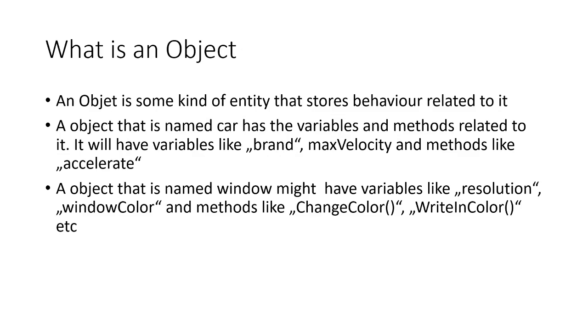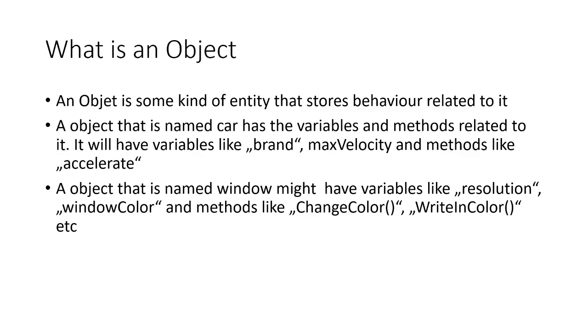So an object that is named car has the variables and methods related to it, and it will have variables like brand, maximum velocity, and methods like accelerate. And an object that is named window might have variables like resolution, window color, and methods like change color, etc. So we actually have an object in code that is window, and then we can actively say window dot change color. Okay, so the dot notation is something very important here.